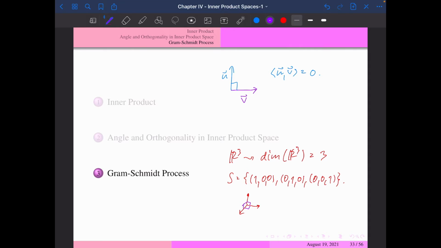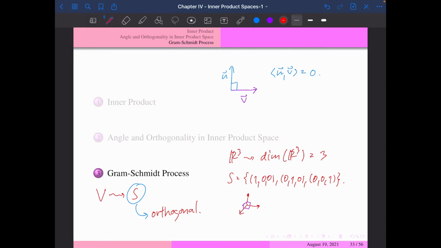So maybe we can do something easier. Our question is, if we have a vector space V, we know that it has a basis. Can we find a basis such that this basis is orthogonal?